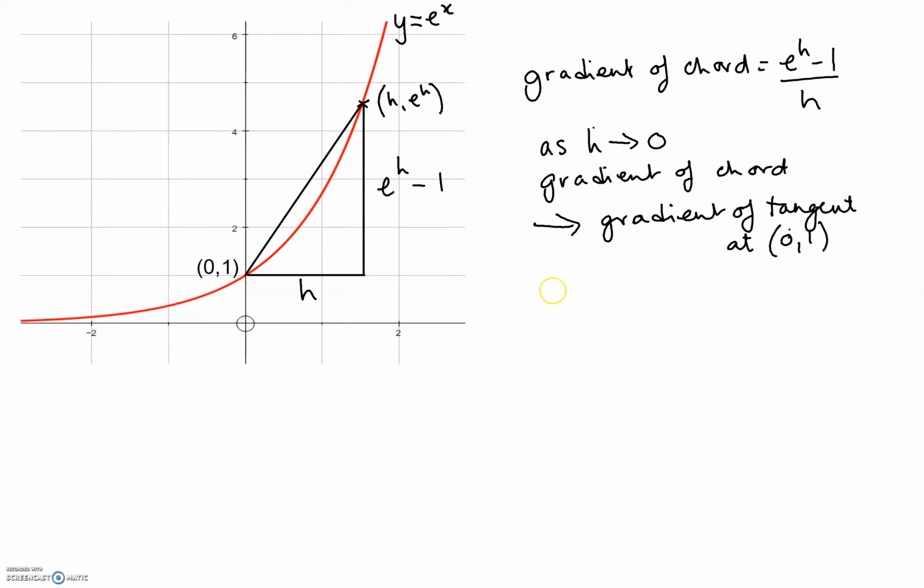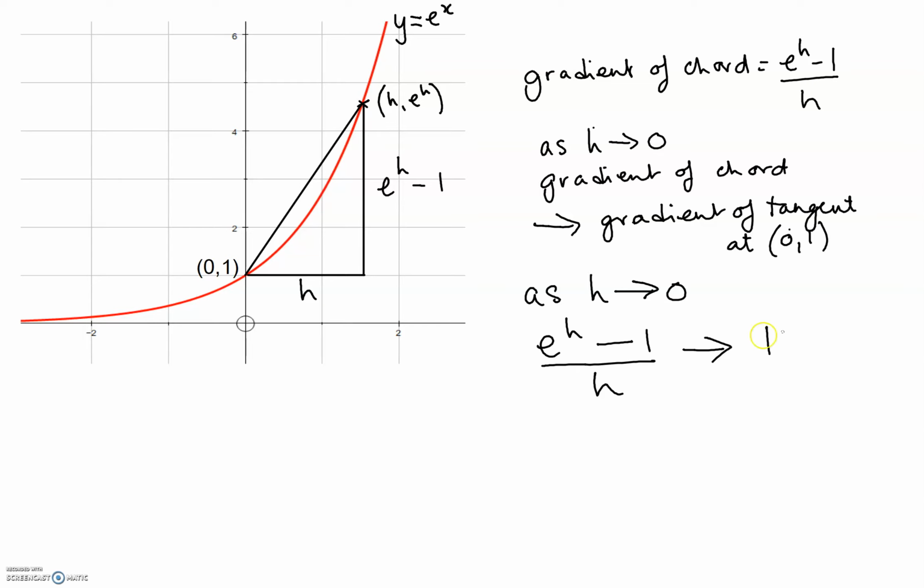So we know that as h tends to 0, then e to the h minus 1 all over h must tend to 1, because that is the gradient of the chord. As h gets smaller and smaller, that chord will become the tangent, or get close to the tangent at the point 0, 1, and the gradient of that tangent is 1.